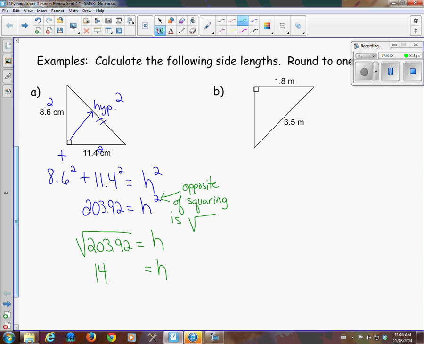And if you read the question carefully up above, it said to round your answer to 1 decimal place. So when I square rooted, I got 14.28. The 8 beside the 2 is bigger than 5, so it bumps the 2 up to a 3. So I'm going to remember to round properly in my answer. Other things I have to remember in my answer is the units.